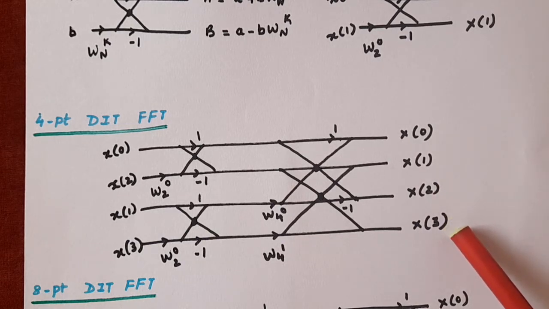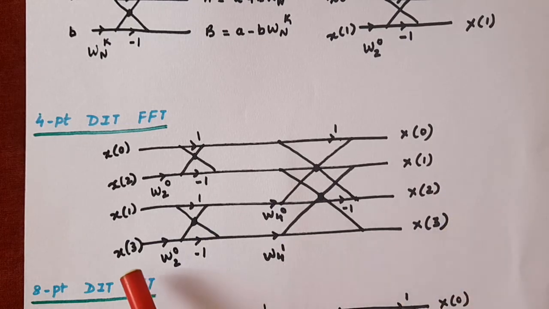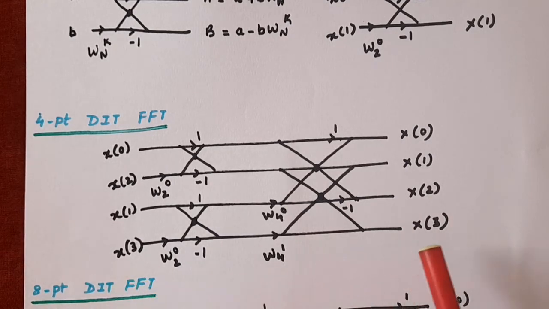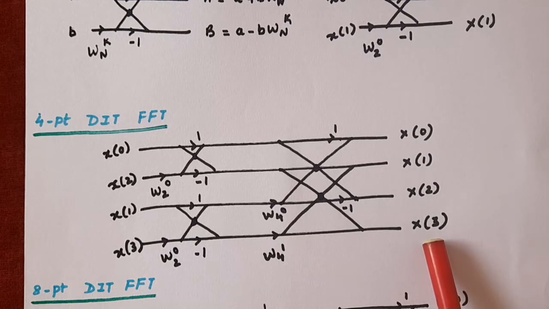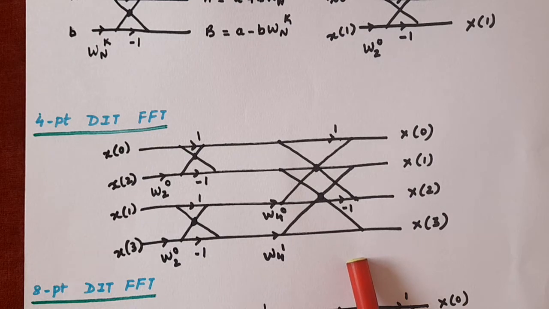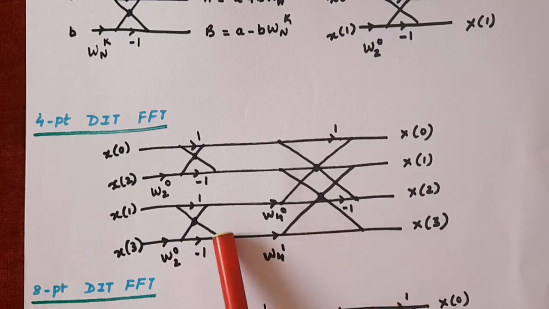The students have to take care here. Input variables are denoted by small x and output variables are denoted by capital X. In 4-point DIT, we are having two stages.